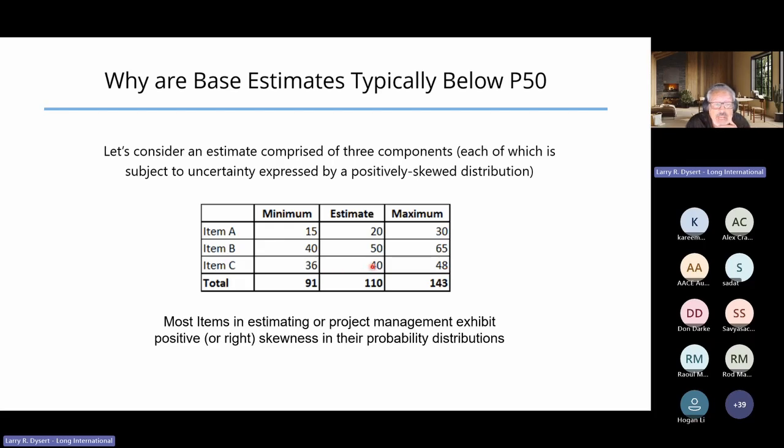What we can see is we have a tighter range of values around item C than we do the other components. But for each one we can estimate a 3-point estimate for each of these major components. And we can add them up and say, well, the estimate is simply the total of these 3 elements. 20 plus 50 plus 40 gives us a value of 110.